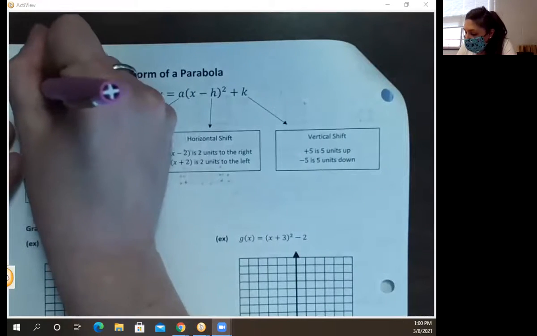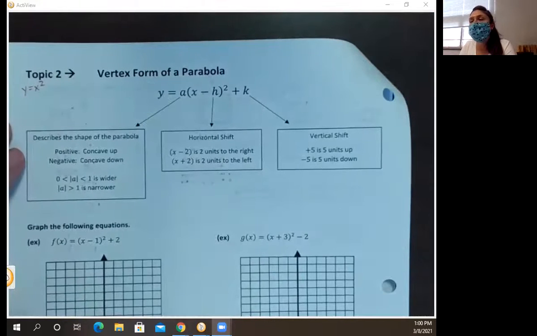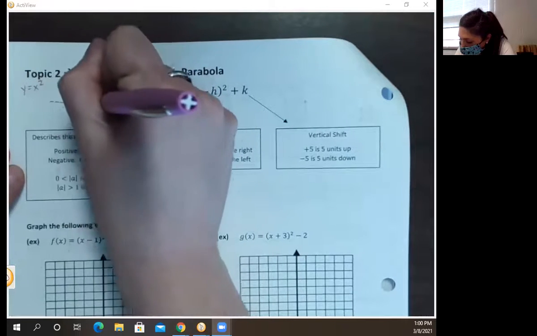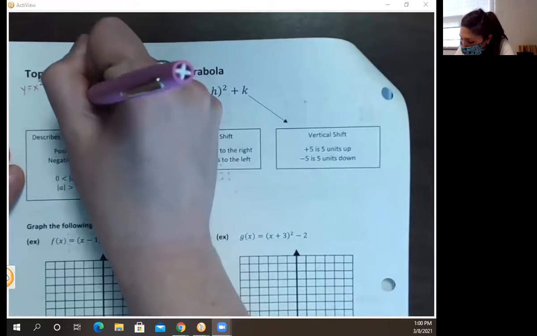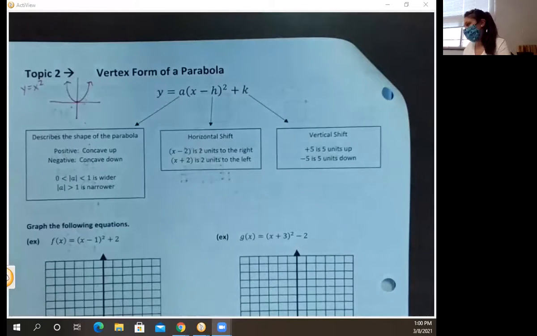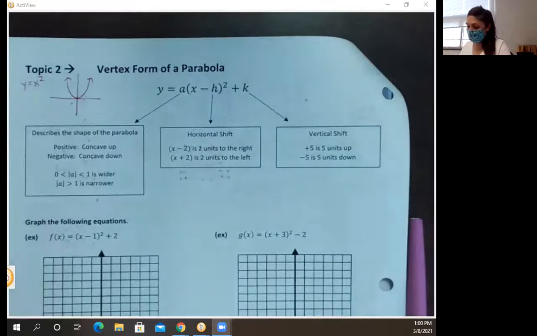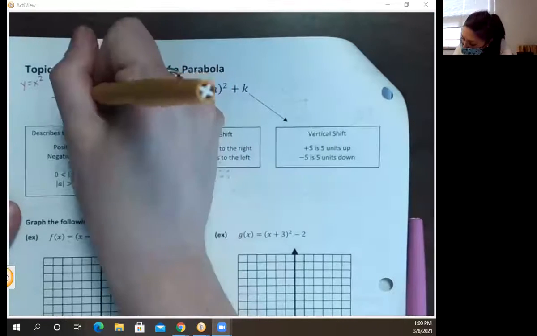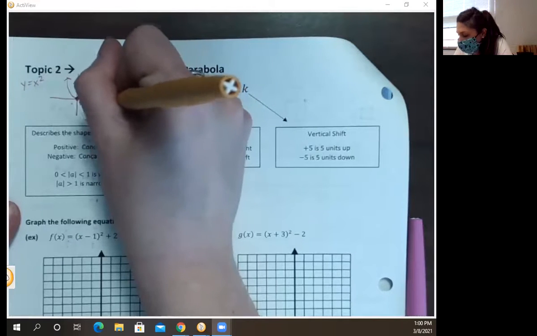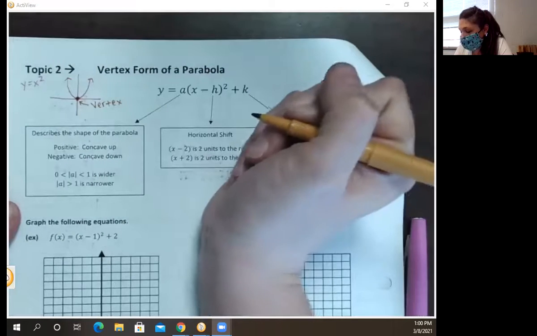So if I graph plain old x squared, we saw this in our transformations of functions unit last semester. If I graph plain old x squared, then I would get something that looks like this. This point right here, this sort of minimum, is called the vertex of our parabola.